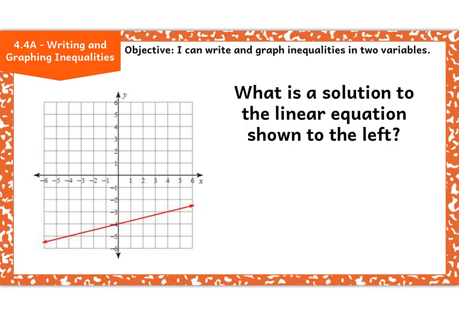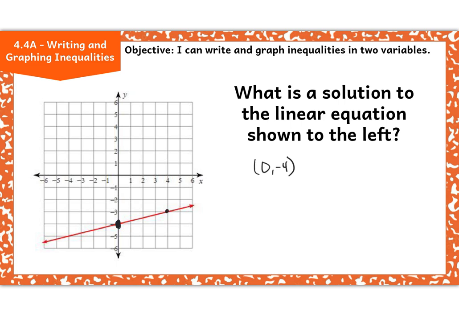So here we want to find what is a solution to the linear equation shown on the left. Because my line is already graphed, I already know the solutions to this linear equation because it's always any point on the line. For example, this y-intercept, -4, or the point (0, -4), is a solution because it is a point on the actual line that is graphed.